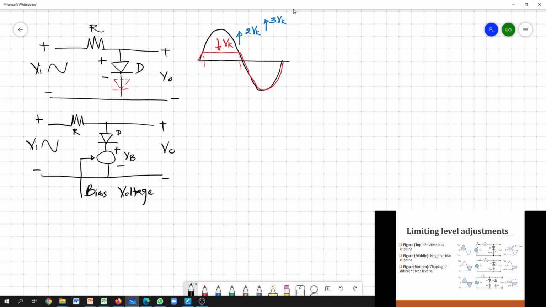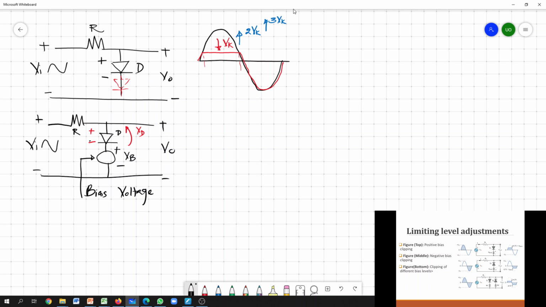So see what happens to the output now. How do you get the output? We can follow the same procedure which we discussed previously. First we need to find the exact voltage across this diode. If we mark the polarity of the diode, this would be the actual voltage drop across the diode.